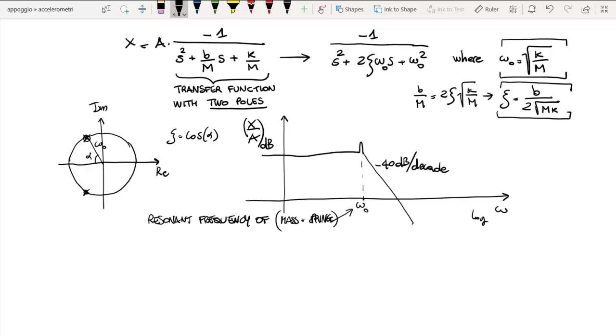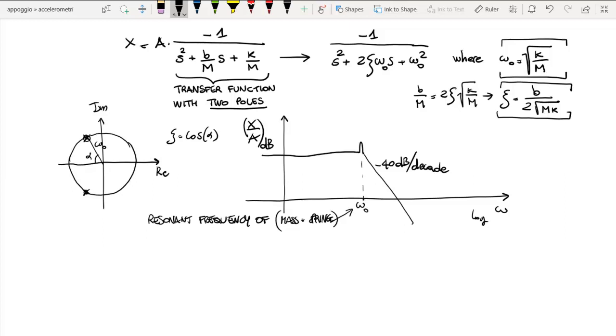So it has a very intuitive, mechanical meaning.